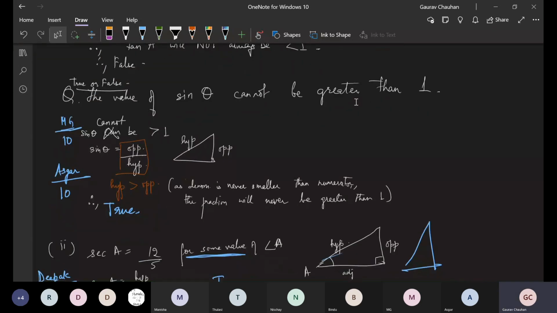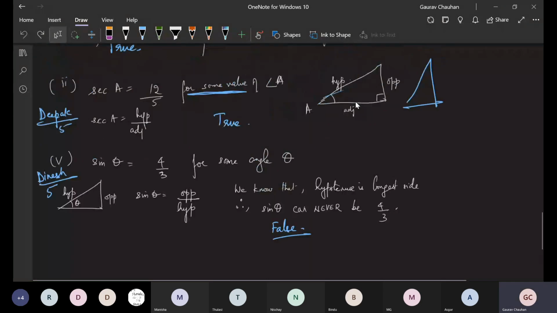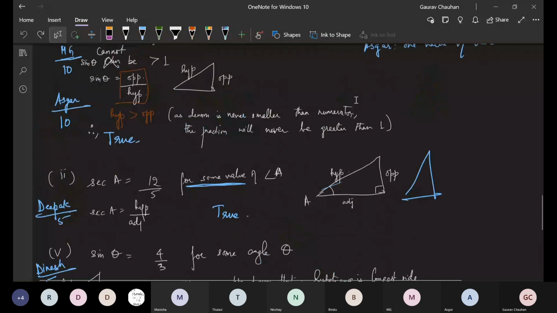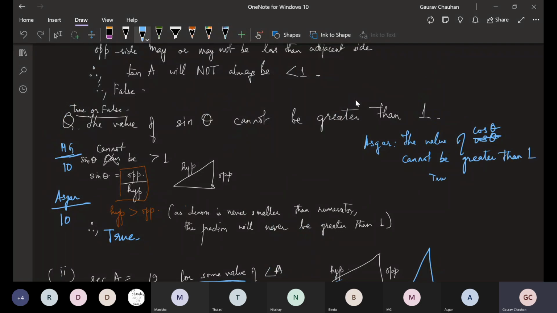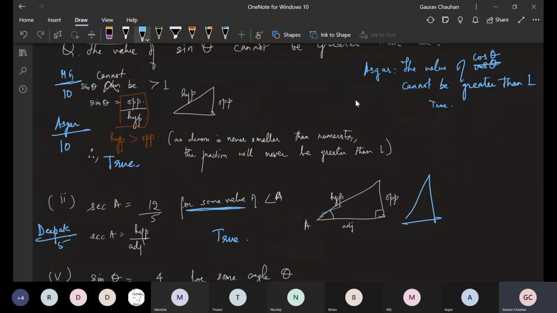As Asghar pointed out, the value of cos theta can also not be greater than 1. Cos and sine cannot be greater than 1. Okay, this is true. Accordingly, we did these questions.